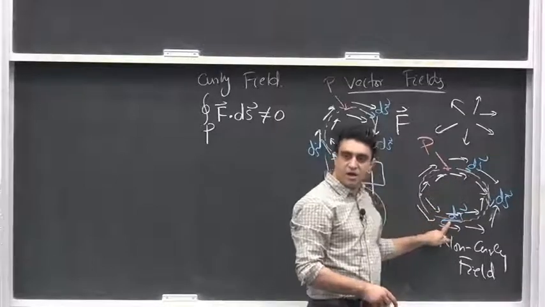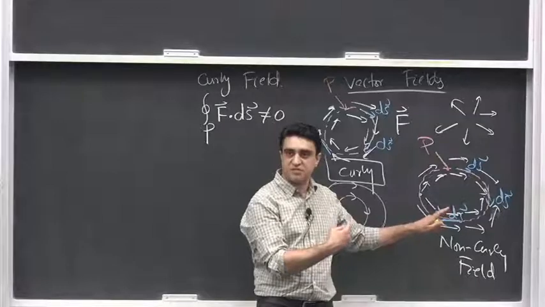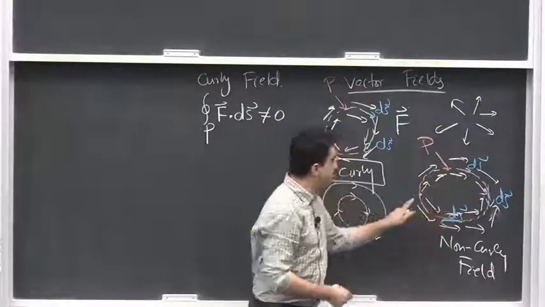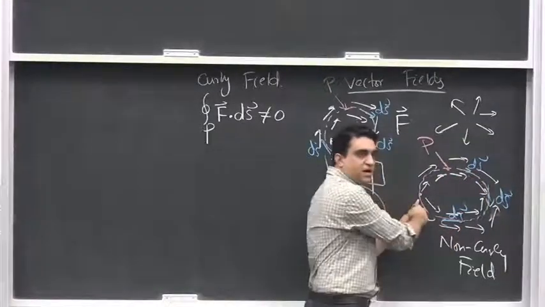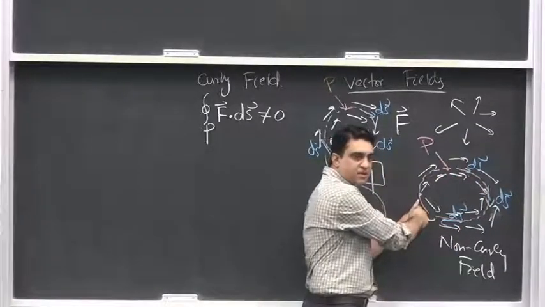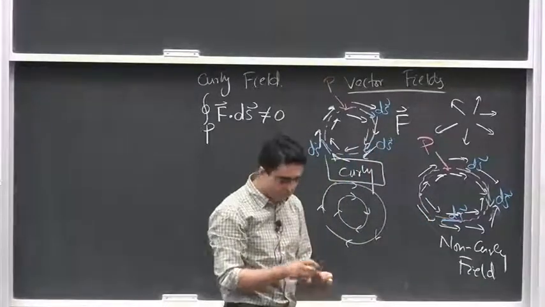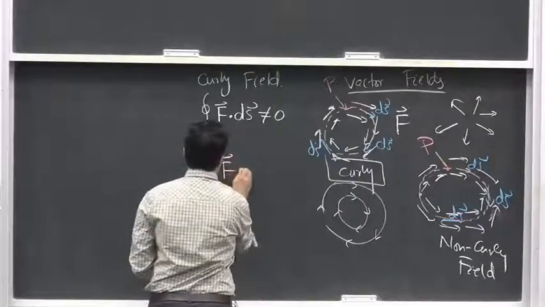But here, if I take a dot product, the directions are reversed, so you get a negative value. If you add up all this, on this part you get a positive value, but on this part of the path, you get a negative value. And if you sum all of it up, what you get is that this integral is 0.